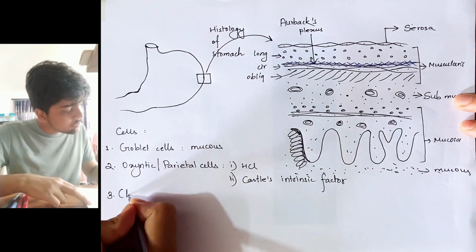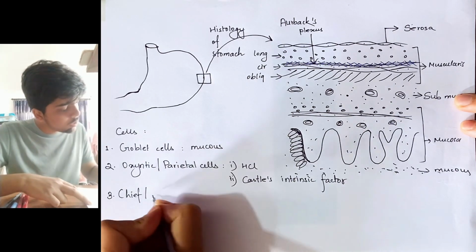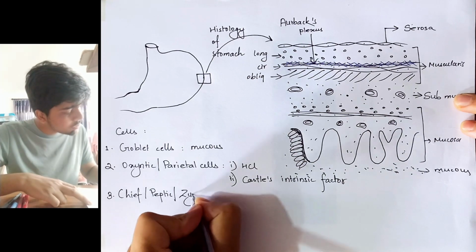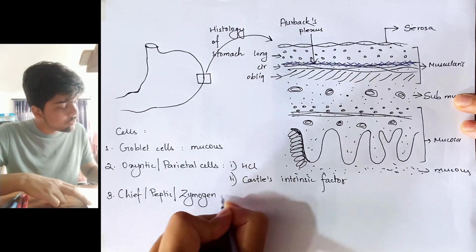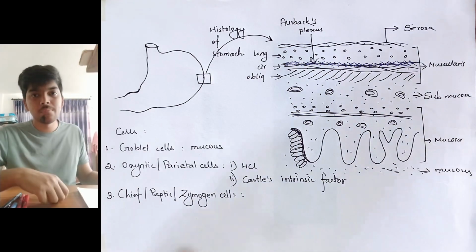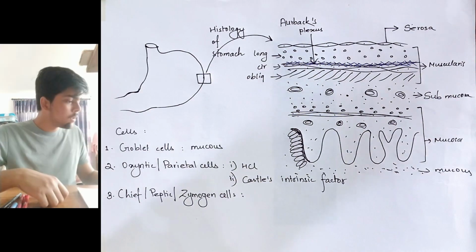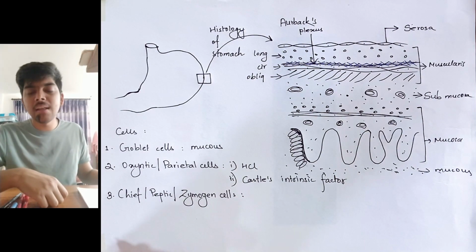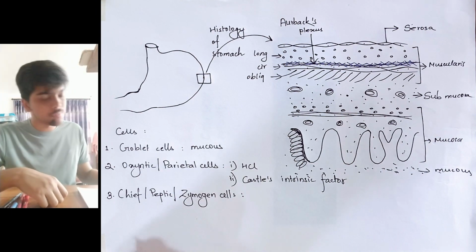Number 3, chief cells or peptic cells or zymogen cells. See, it's not difficult to learn the names of the cells because behind the name, there's a reason. These cells are called chief cells because they perform the chief function of secreting proteolytic enzymes or protein breaking enzymes.